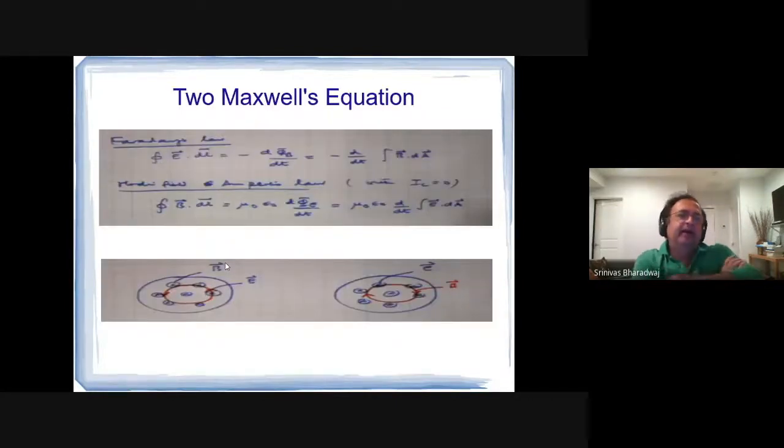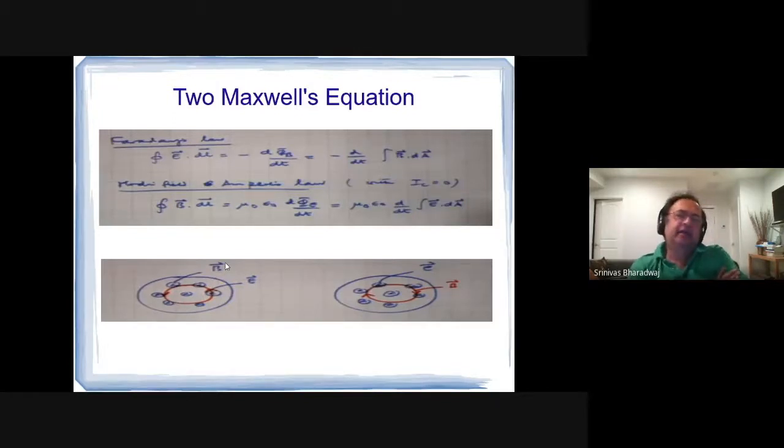Now, what happens to Ampere's law when there is no conduction current? If there's no conduction current, there's only a displacement current.